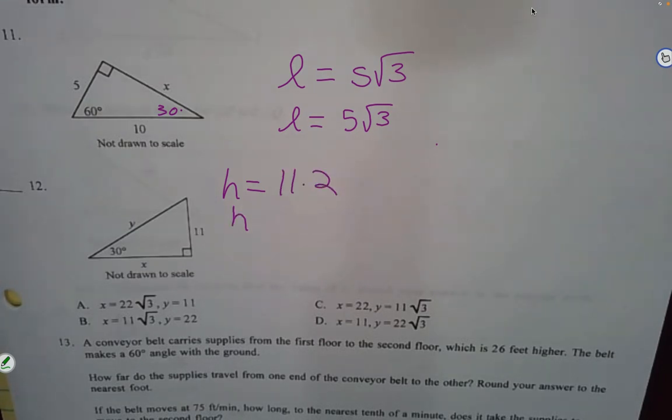What's 11 times 2? 22. Yes, and I used the letter H for my hypotenuse, but what did they use? So y is 22. So it looks like it's this answer right here, doesn't it? But let's make sure. Now, let's find the long side. The long side is 11 square root of 3. That one was just plugged in. That one we didn't really have to solve either.